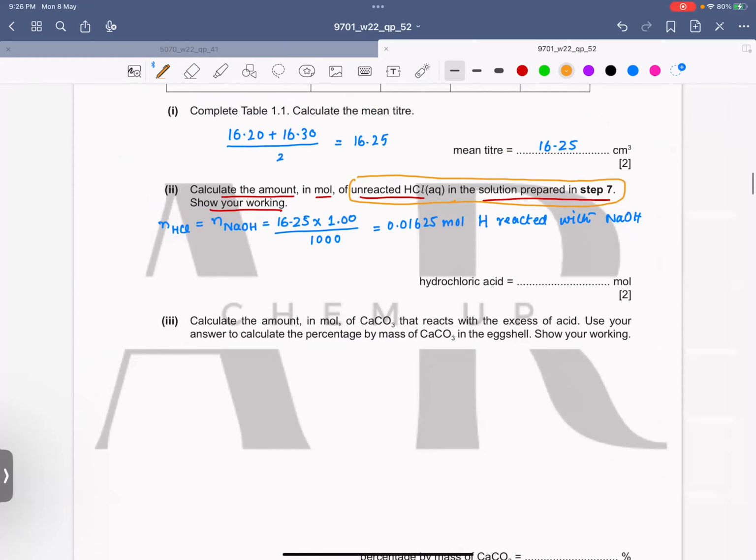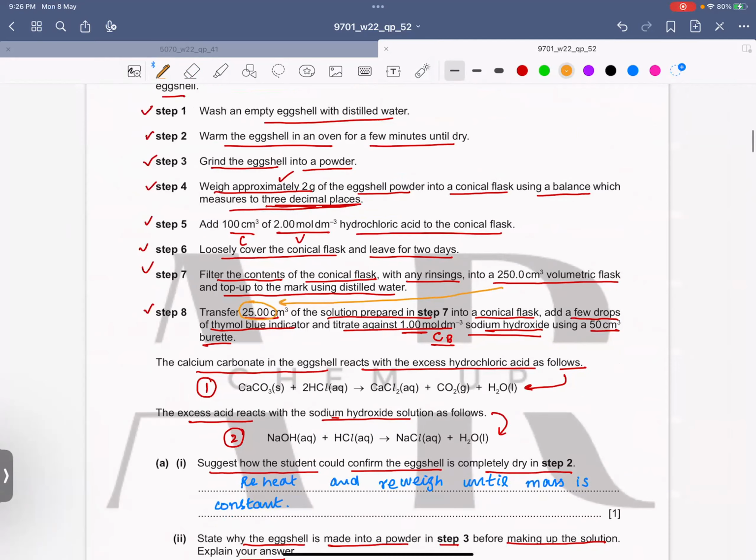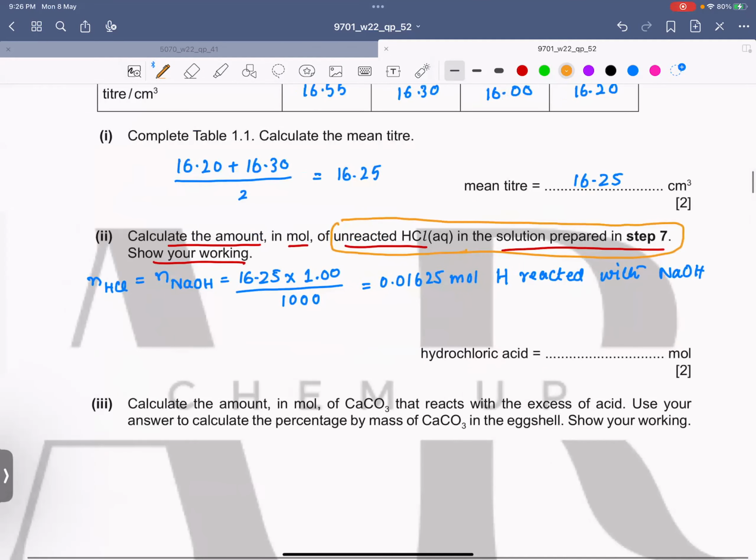And the volume that is used for the titration is 25 centimeter cube, and this 25 centimeter cube is taken from 250 centimeter cube, right? So if these are the moles of hydrochloric acid that reacted with sodium hydroxide, it means this is the number of moles of hydrochloric acid that are actually left after the reaction in 25 centimeter cube.